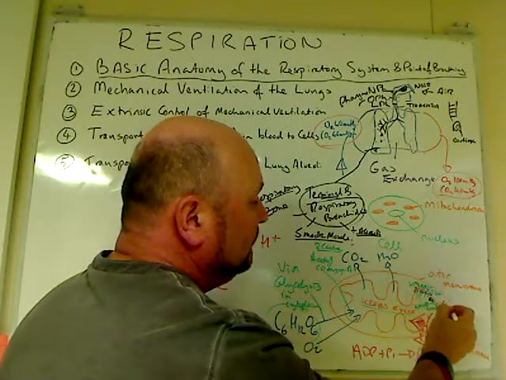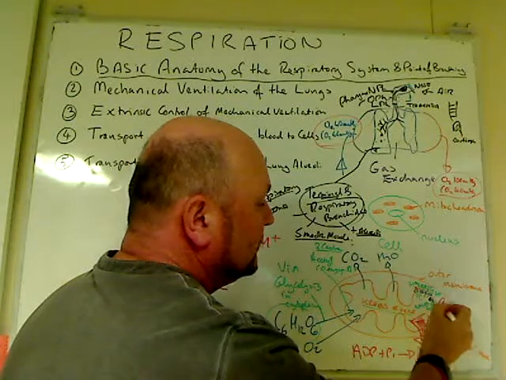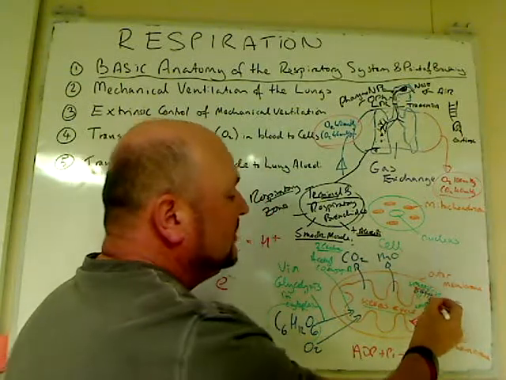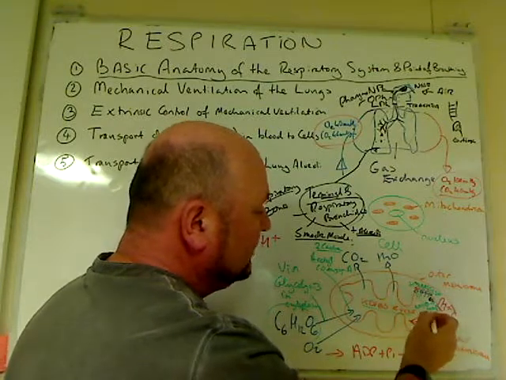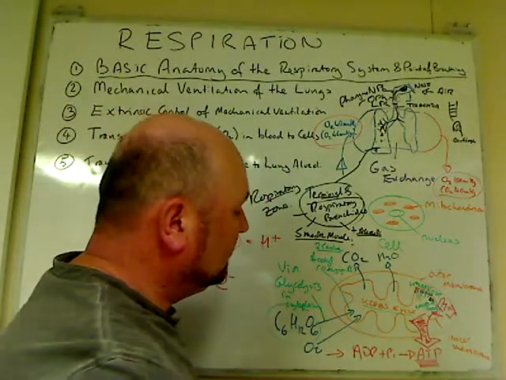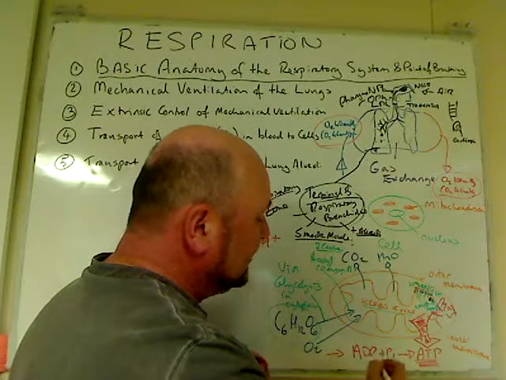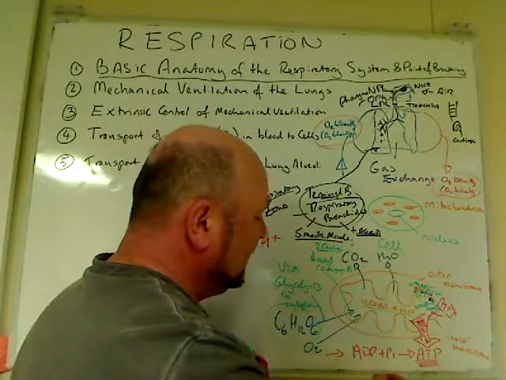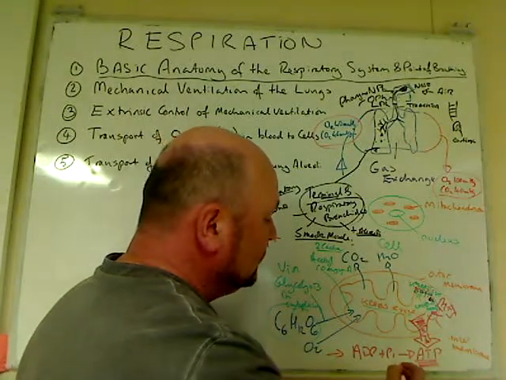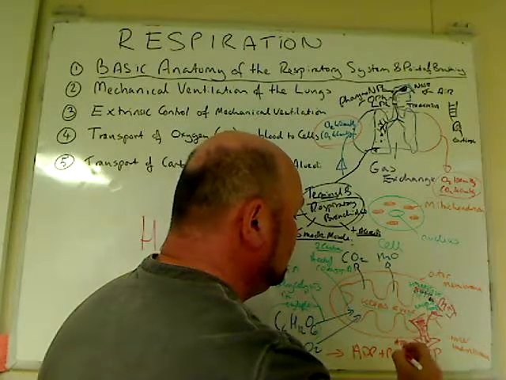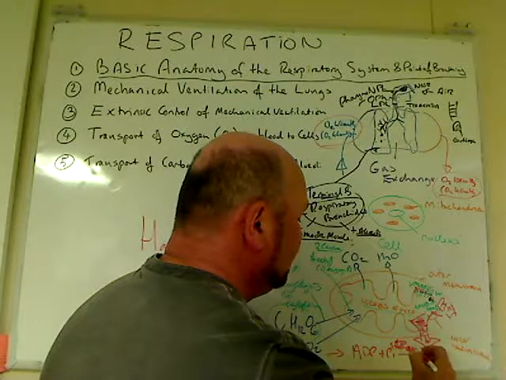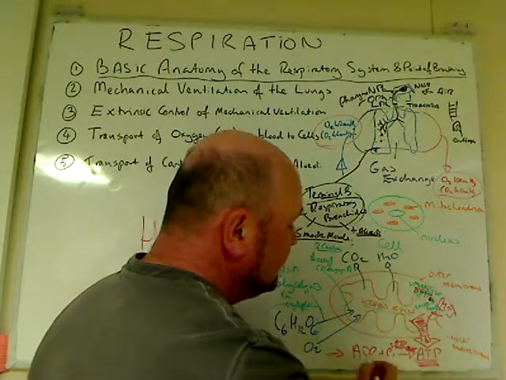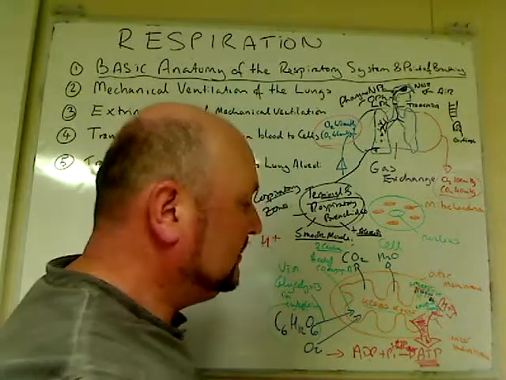And so you build up a big concentration of hydrogen ions here, and then you let them flow back into the stroma of the mitochondria, and that gives the energy for an enzyme, ATP synthase, which creates ATP from joining Pi and ADP together.